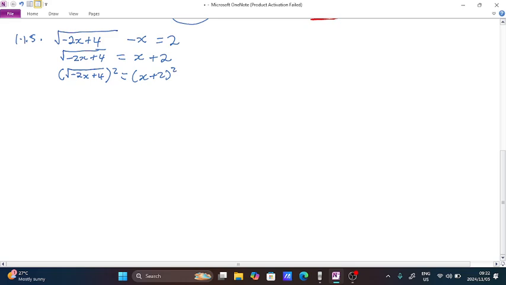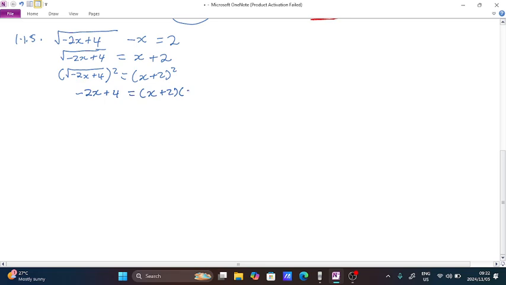Then now, if you square it, I know the square and square root will take each other away. I have negative 2x plus 4 equals, now I have to expand this side again. How do you expand this one? You say x multiplied by x, or you can use your normal way of doing this.